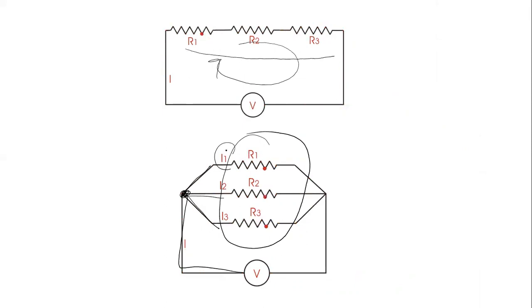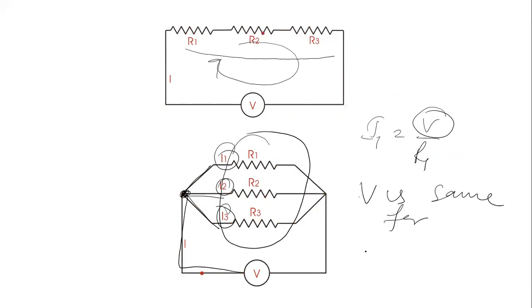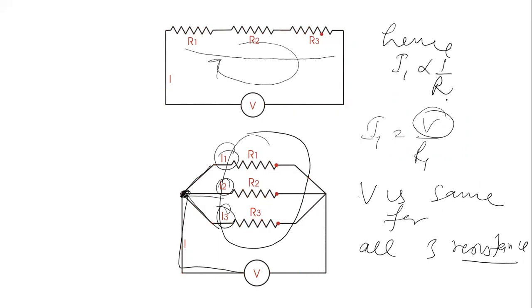The value of I1, I2 and I3 depends on V by R1. V is constant for all three resistances, hence I1 is inversely proportional to R1.